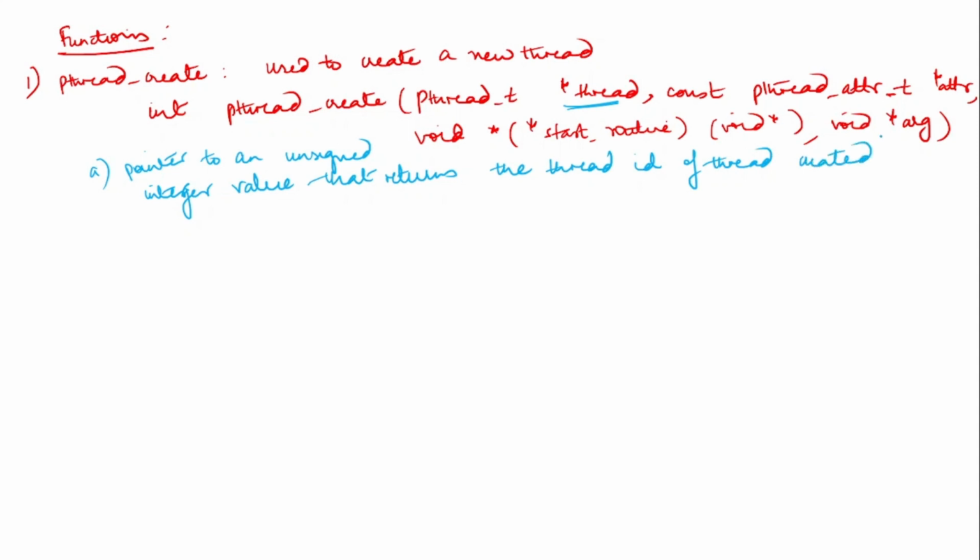So the first pointer points to the thread ID of the newly created thread. This function is obviously used to create a new thread, and inside that, the first parameter is the pointer to the thread ID of the newly created thread.